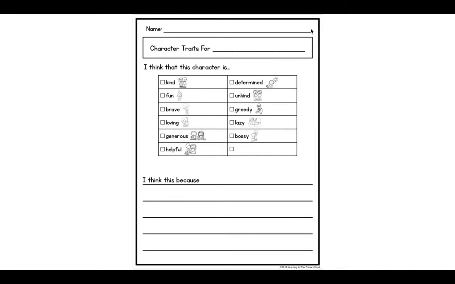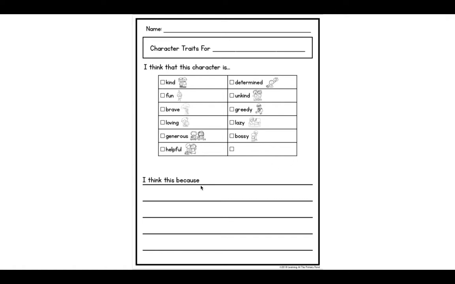Make sure you include your name and character traits for, so put the name of your character here, and then choose a word from this chart, or you can choose another word to describe your character's traits.